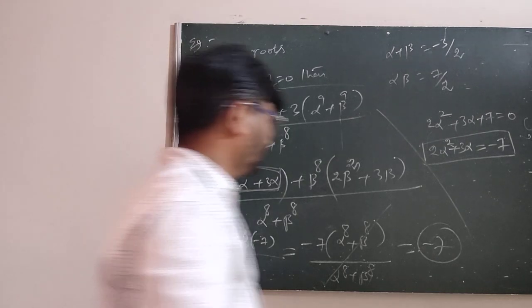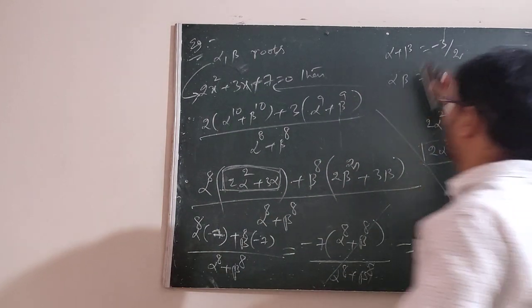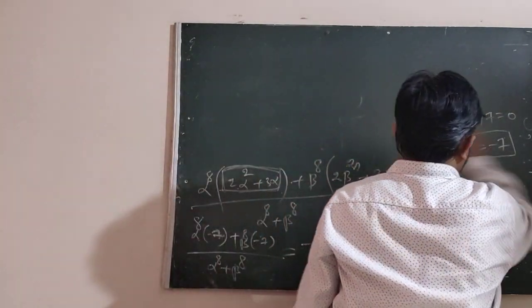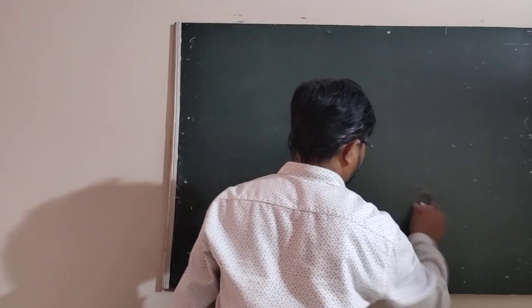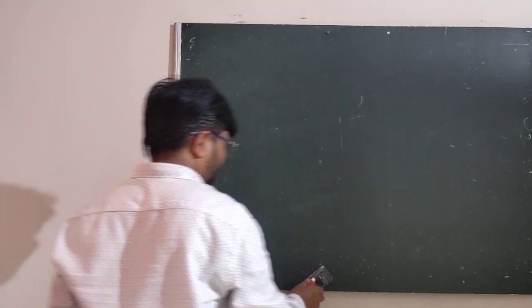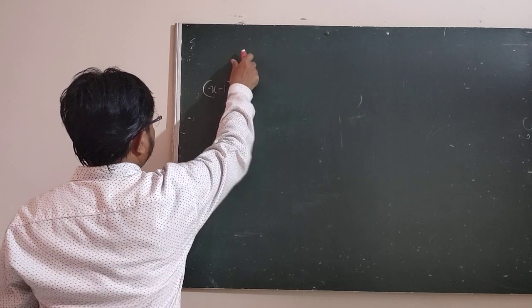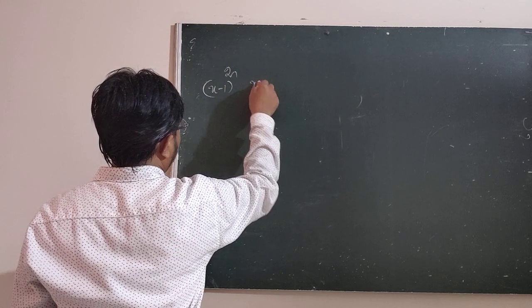So now we are going to discuss quadratic equations, repeated quadratic equations. Now we are going to discuss the repeated quadratic equations. Then here x minus 1 whole square.